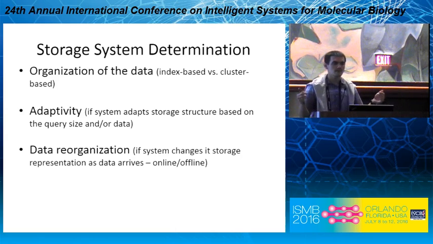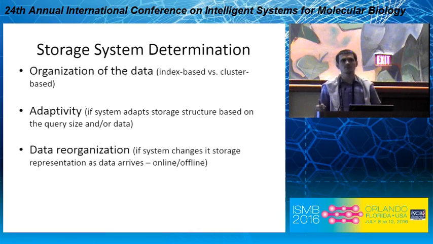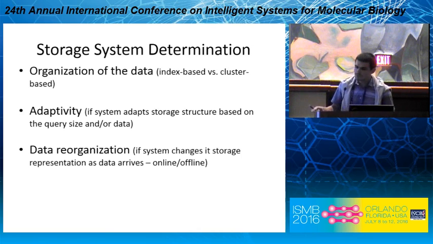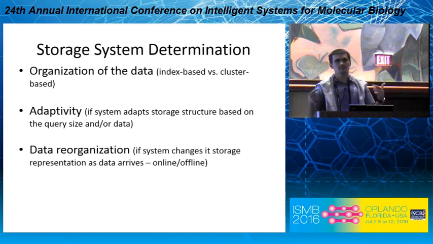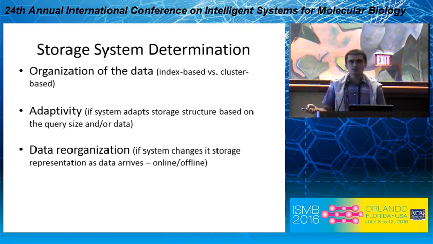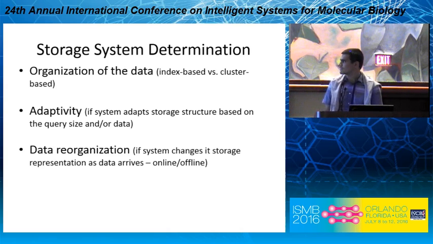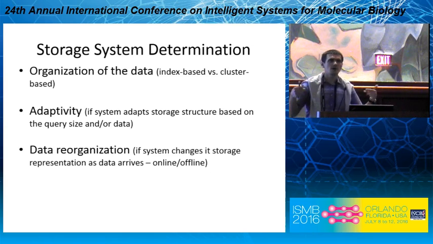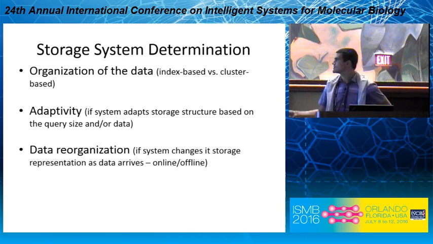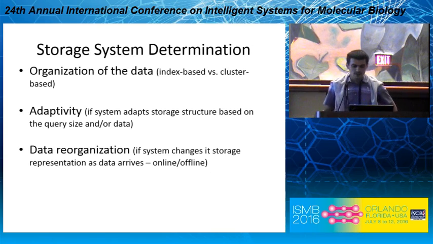You can create sophisticated data structures to improve the performance of the system, or you physically cluster the data inside your machine, and in this way you improve performance. Or you create an adaptive system, a system that adapts its storage structure based on the query size or the data, or while you are uploading or deleting data, changes its storage representation. Usually it's called online or offline, it doesn't matter.